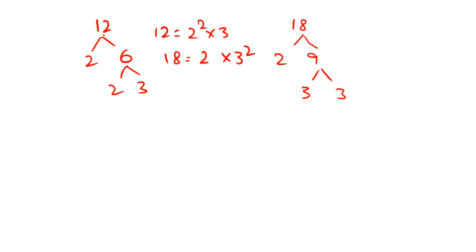Here, first the HCF. The HCF is, as you know, the highest common powers in the prime factors. The highest is 2 power 2, and for 3 the highest power is 3 power 2. So 4 into 9 is 36.